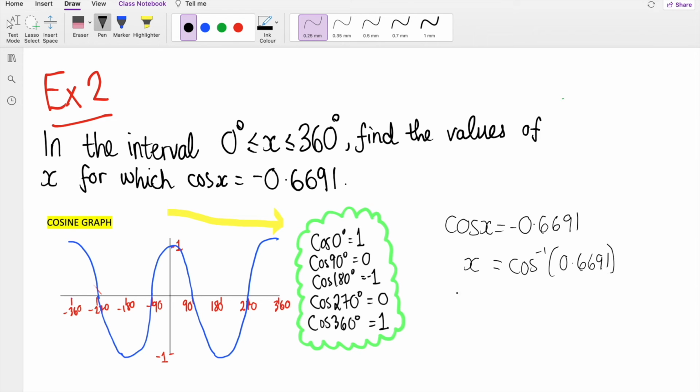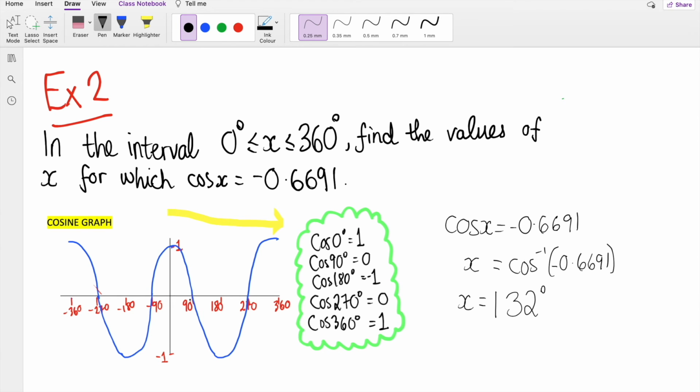If you type inverse cos of negative 0.6691 into your calculator, and round your answer to the nearest degree, which the question will specify, it is 132 degrees to the nearest degree. I'm going to do the exact same steps as I did for the sine graph. So one of my answers is 132 degrees.